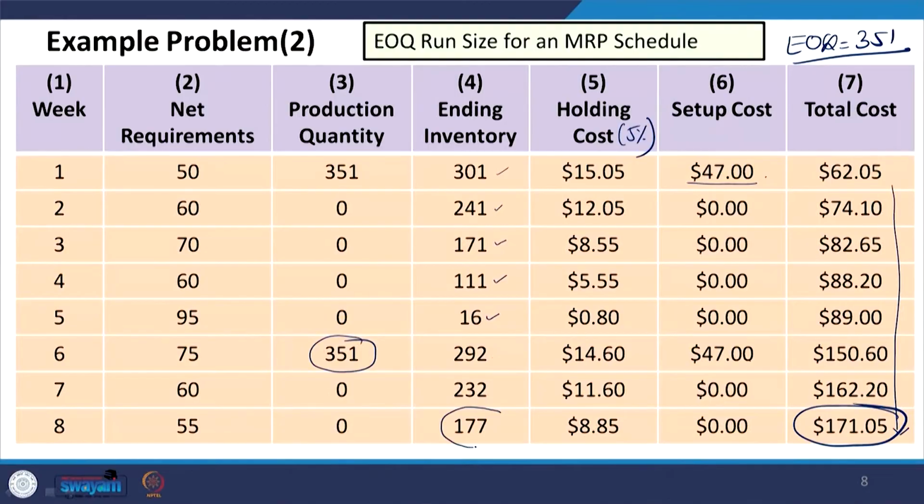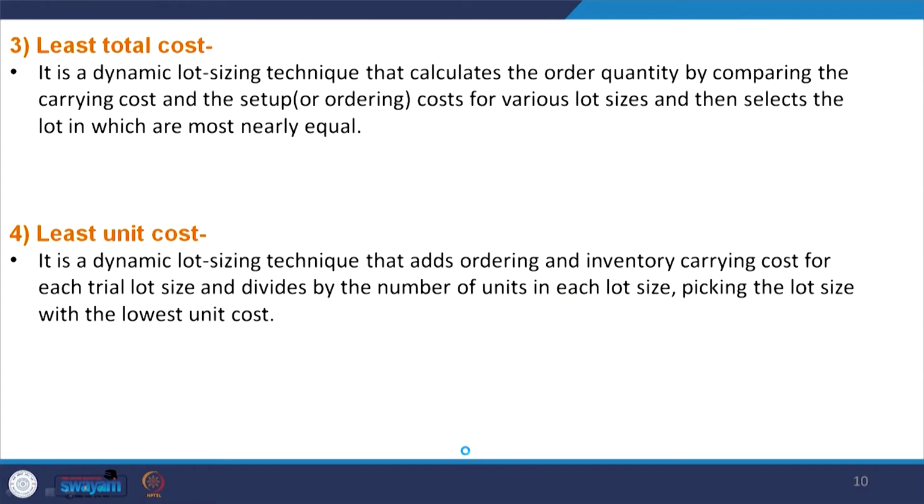We understand that the system behaves in a perpetual manner. So whatever is left over, the ending inventory of 177 units here, is not a loss. It will be used in the subsequent periods, that is period number 9.